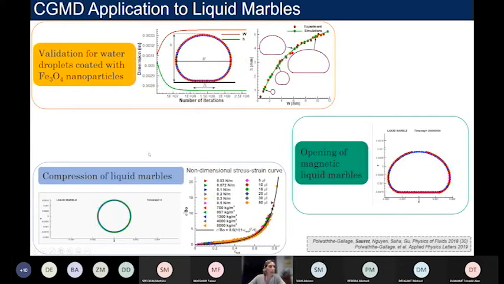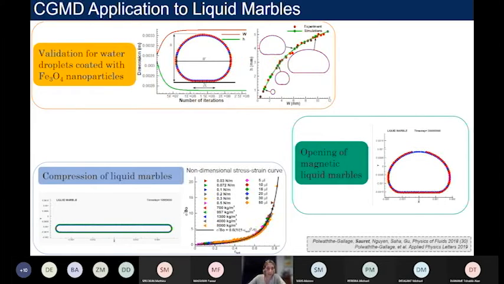And then the last thing that we've looked at is the compression of a liquid marble. So we put the marble between two plates and compressed this marble, and we compared. We looked at different sizes of marbles, different fluid densities, different aspects of that.